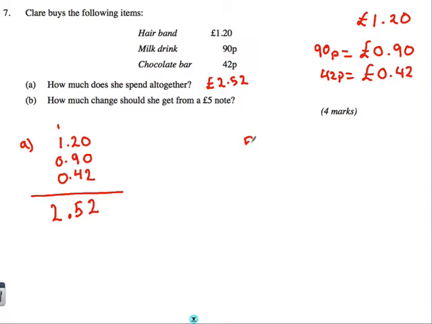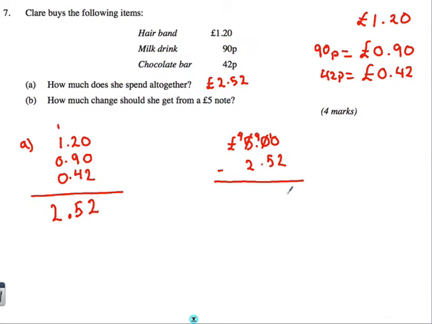Well, we just have to do £5, and we're subtracting £2.52. This is interesting. 2 take away 0, we can't borrow anything from this 0, so we need to go and borrow 1. This 0 needs to go and borrow 1 from this 5. Borrowing 1 from this 5 would make this a 10, and now we can borrow 1 from this 10, which will make this into a 9, and now this 0 at the end will become a 10.